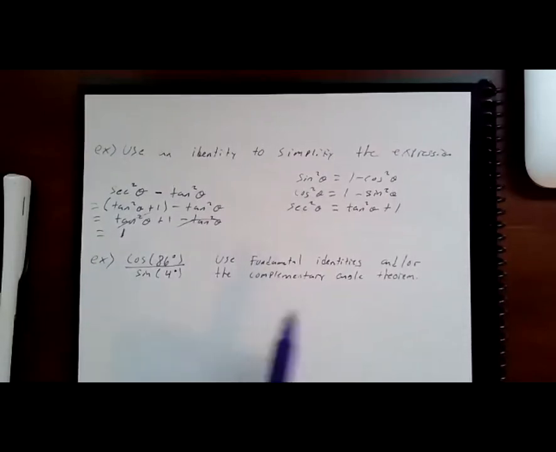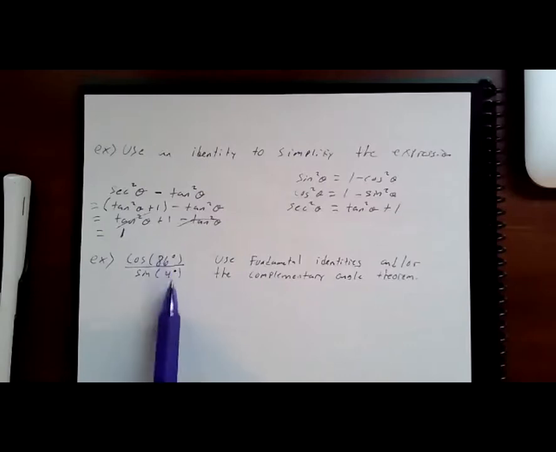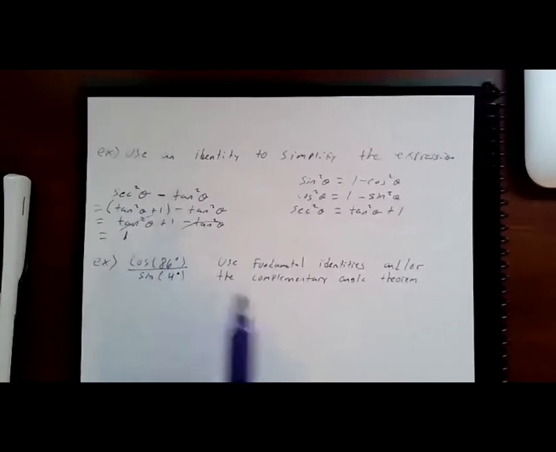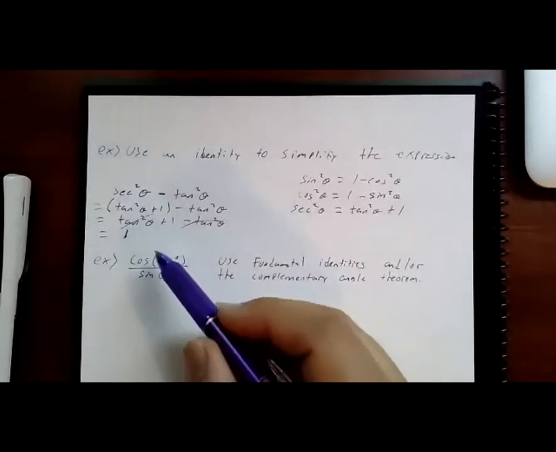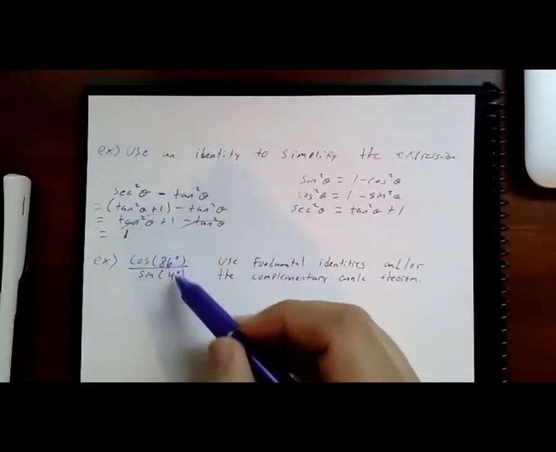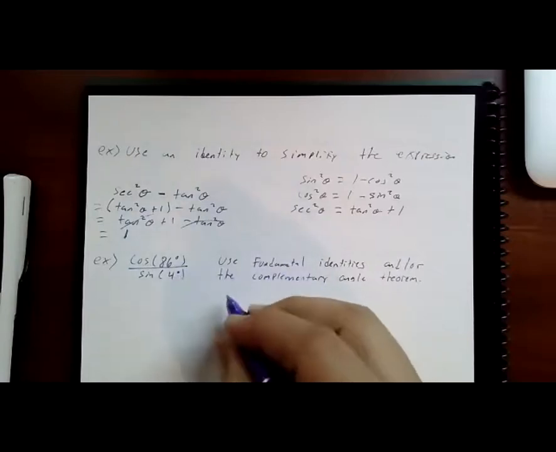Okay, so notice how right here, it's 86 degrees and 4 degrees, which is complementary, adding up to 90, right? There's a theorem that says if these add up, then you can switch it out. Let me write it so it's more clear.